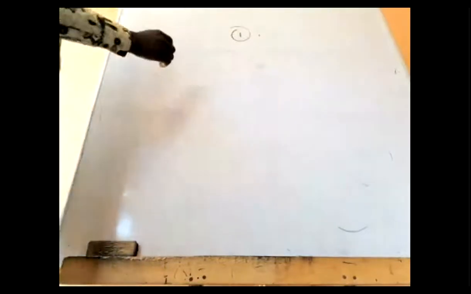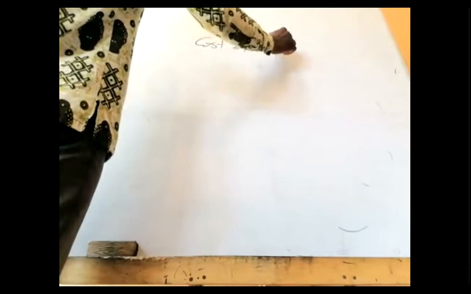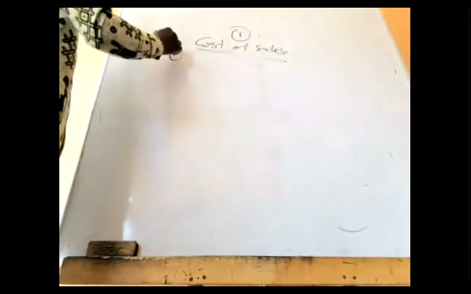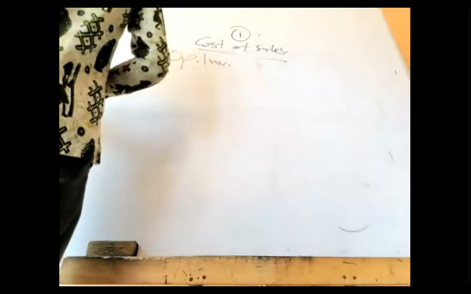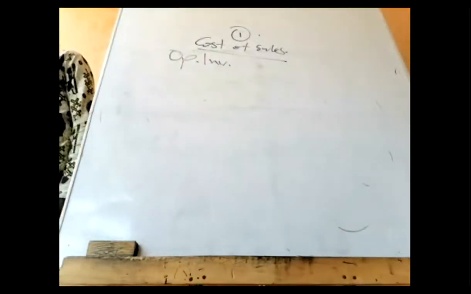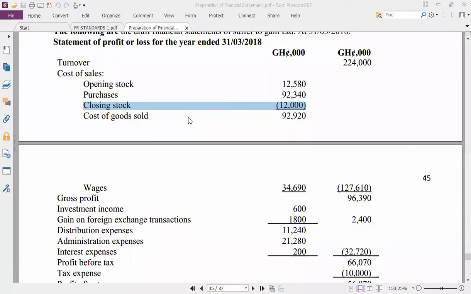Let's do the first approach. Number one, if we are calculating the cost of sales, we'll start like this. Open inventory, I'll pick that figure. The open inventory happens to be 12,580.